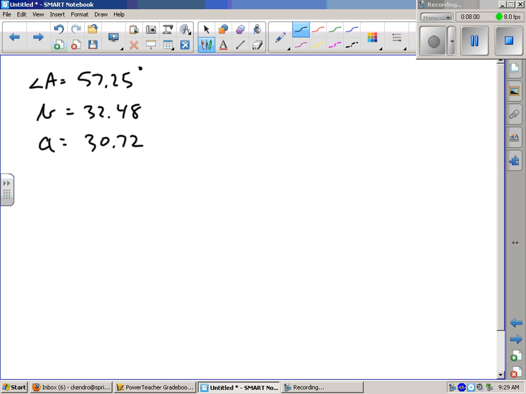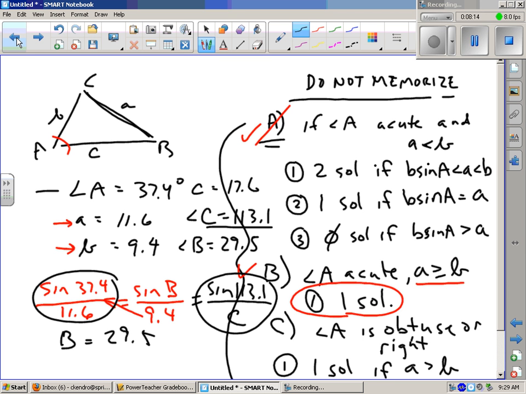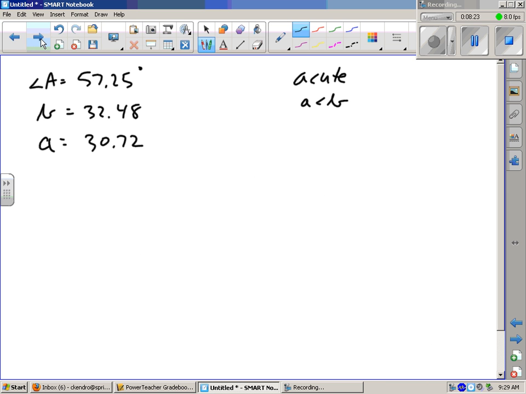Okay, so first thing we check is angle A is acute. Then we say A is less than B. So you look at your list. If we go back a page, A is less than B is right here. So that means now we have to check B sine A and see what happens with that.